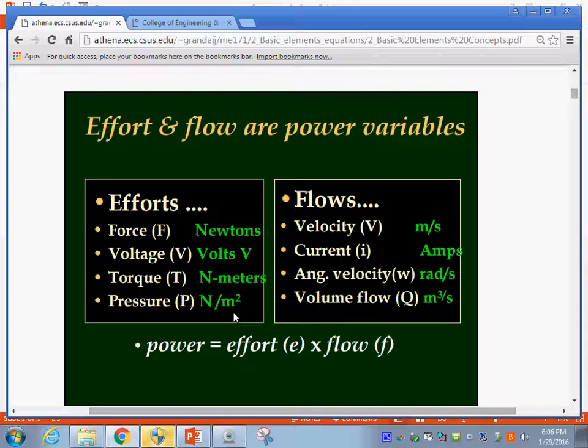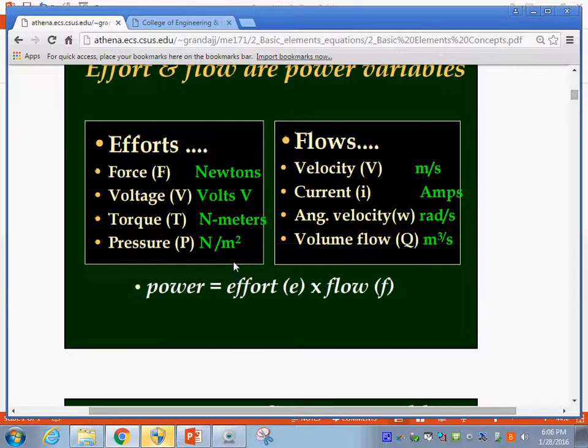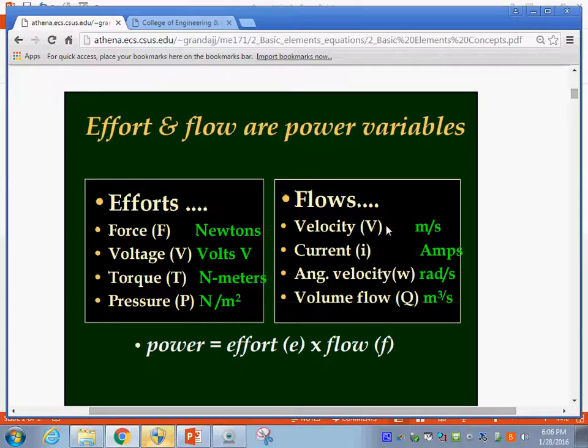So in here you have the situation where the product of these variables times these variables is always power. So the product of newtons times meter per second is joules per second. Volts times amps is joules per second.